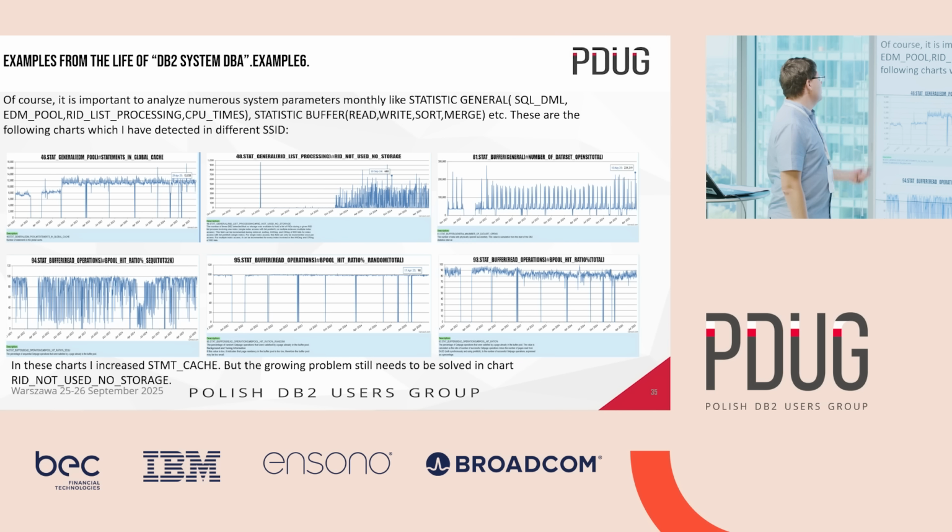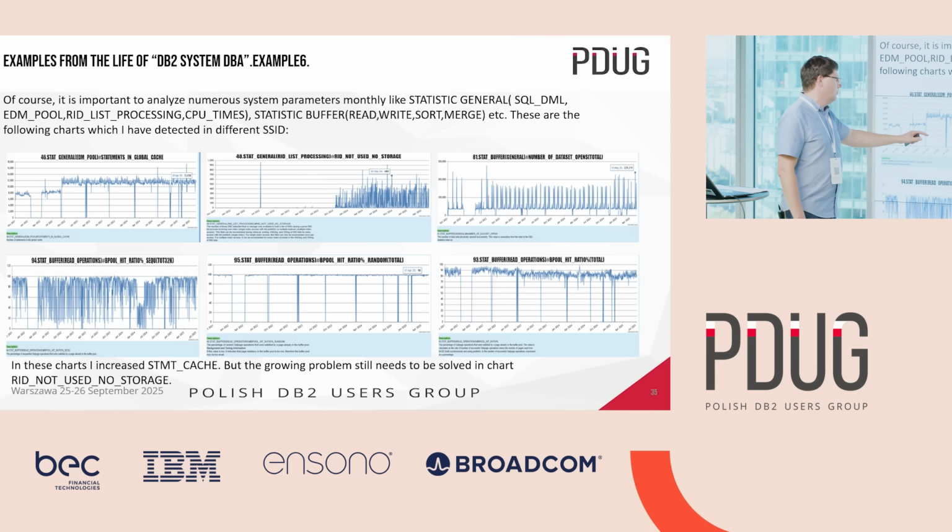The following charts I have detected in different subsystem IDs. When I analyzed these charts, the number of statements in the global cache for a specific subsystem ID was too low, and I corrected the zparm value, and that allows storing more statements in the global cache.